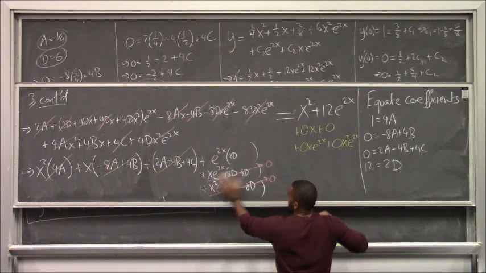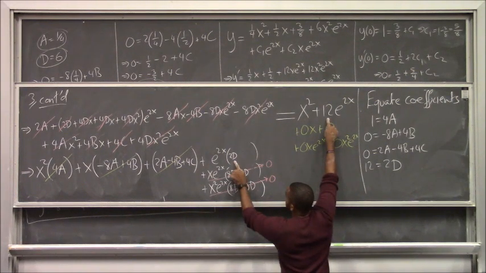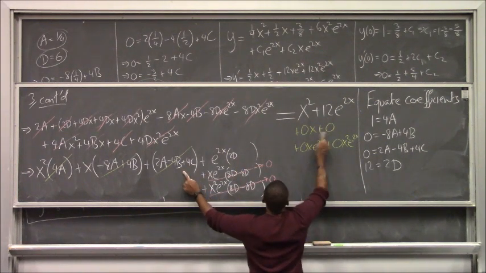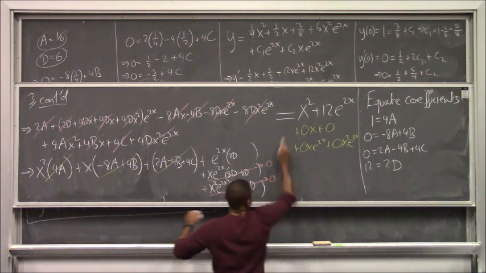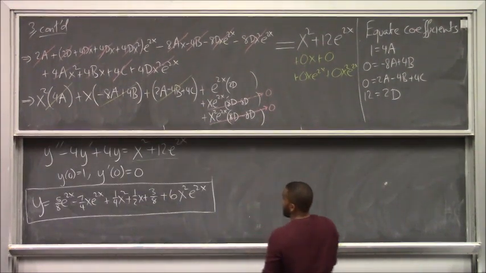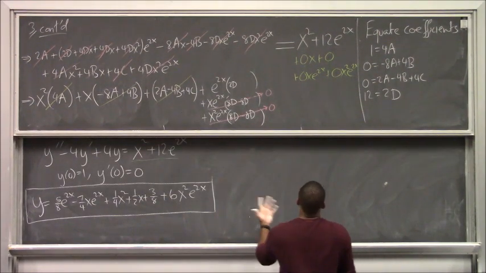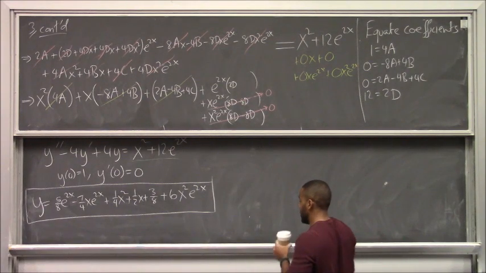So the constant is 0, the x is 0, and the x squared is 1. You'll get a system of equations, you can solve for the a, b, c's, and d's, then you find the C1s and C2s in the same way that we've been doing for a long time.